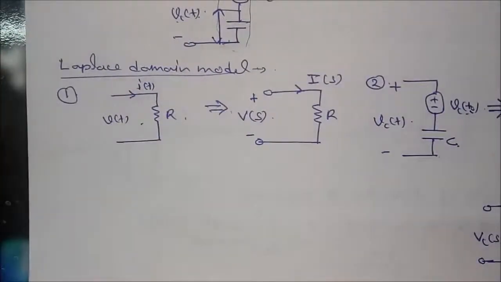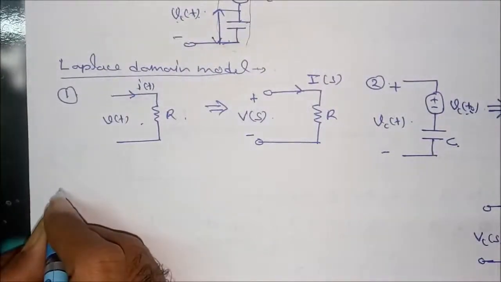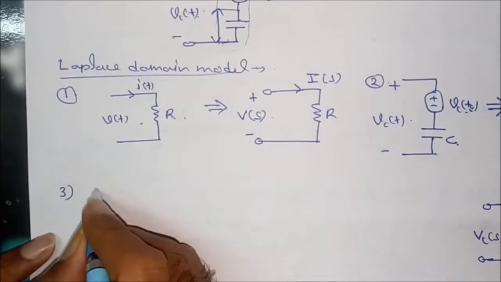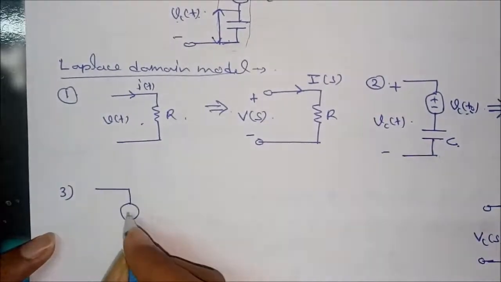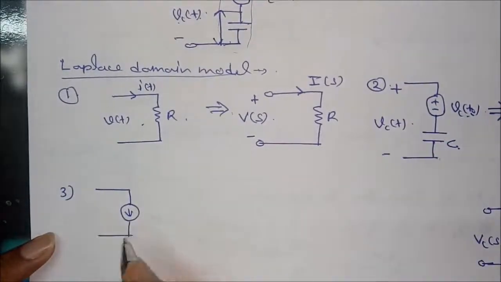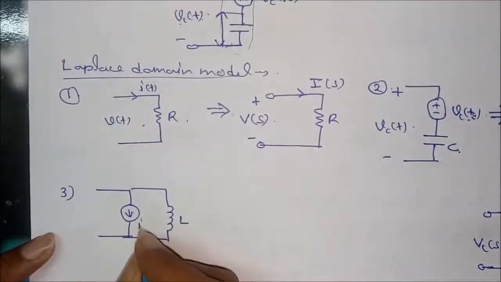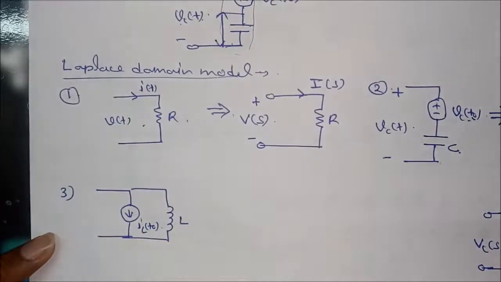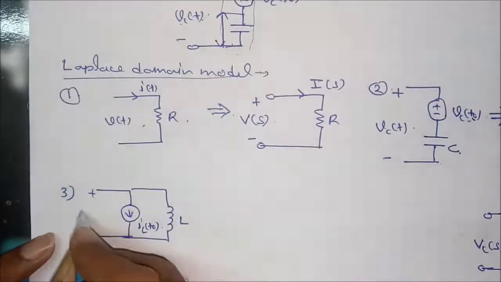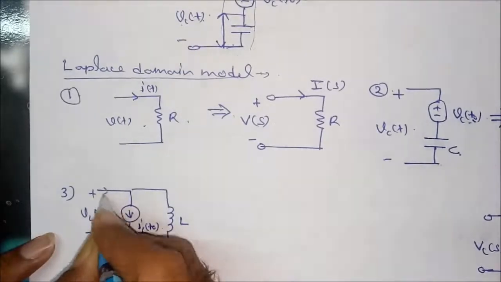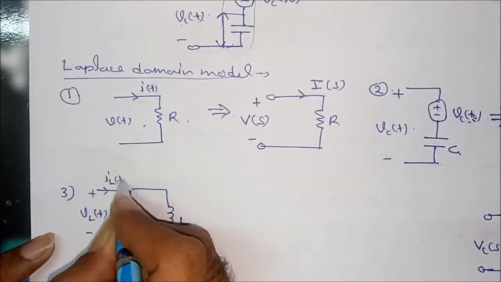Similarly, the next one is the inductor. What is the inductor model? In time domain it is like this: L, with I_L(t naught), V_L(t), and I_L(t).